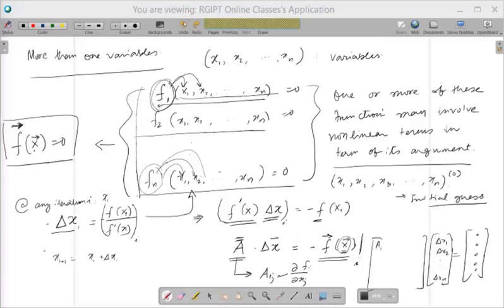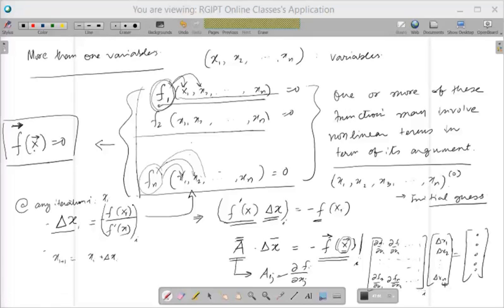To make it more explicit, that would be del f1 by del x1, del f1 by del x2, and so on, up to del fn by del x1, del fn by del x2, and this last term will be del fn by del xn. This is at the ith step.